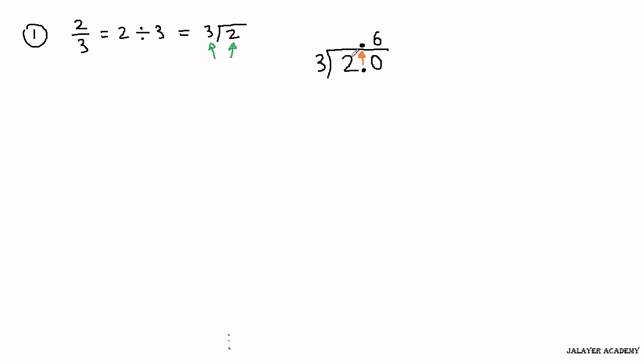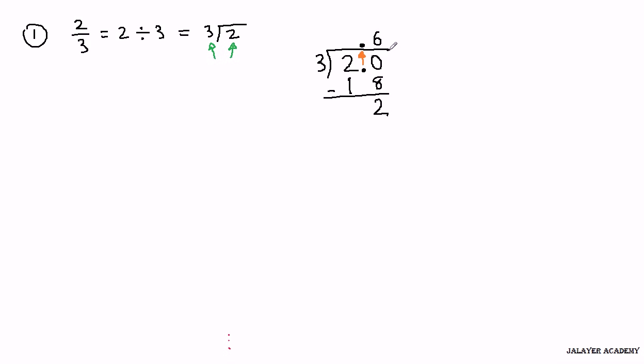Now, 6 times 3 is 18. You're lining everything up. Now 20 minus 18 is 2. Now we work on 3 going into 2. Again, we have the same problem. 3 doesn't go into 2.